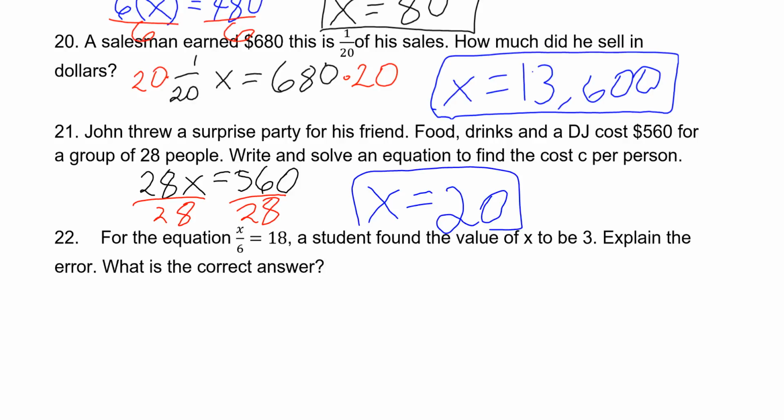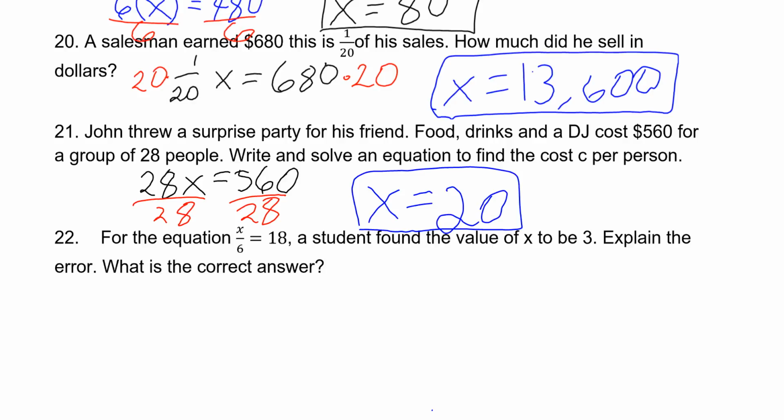Now, next one. We've got for the equation x divided by 6 equals 18, a student found the value of x to be 3. Find the error. What is the correct answer?